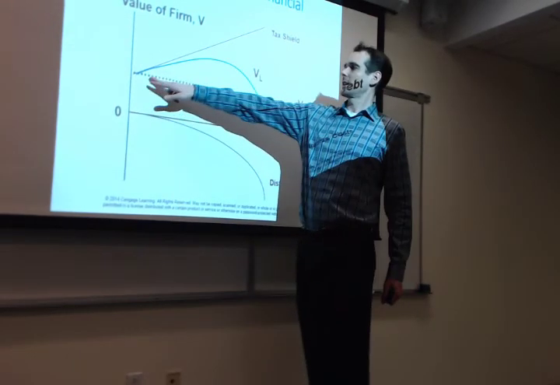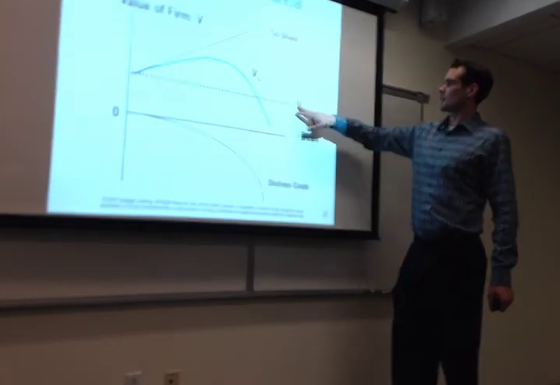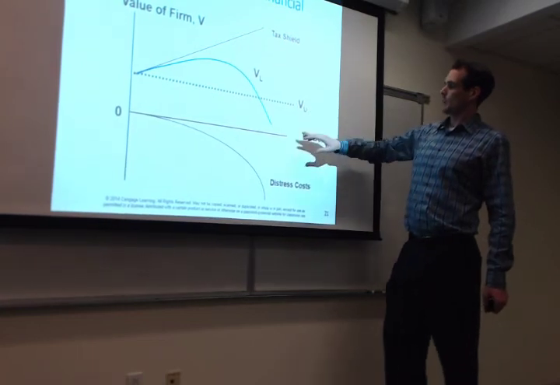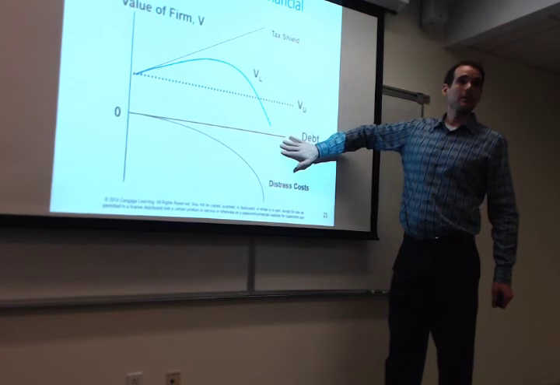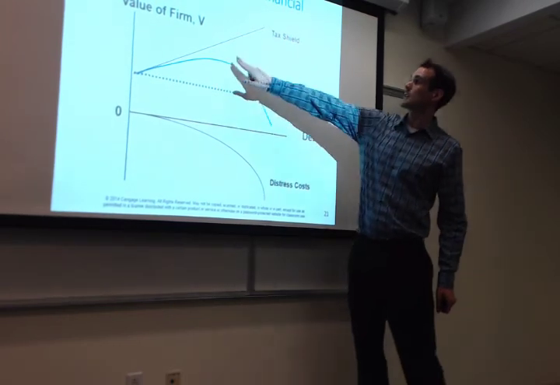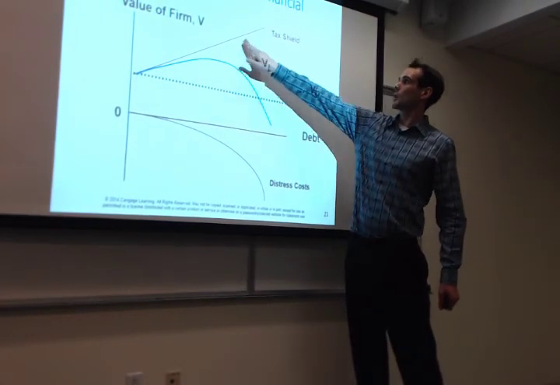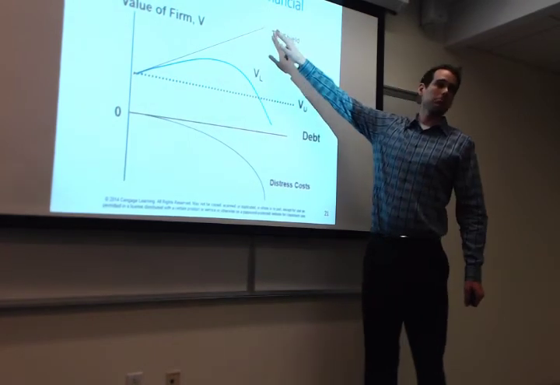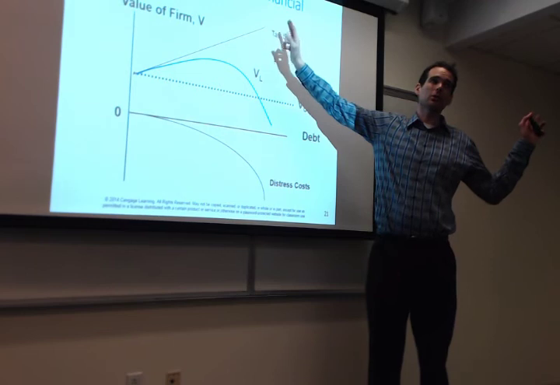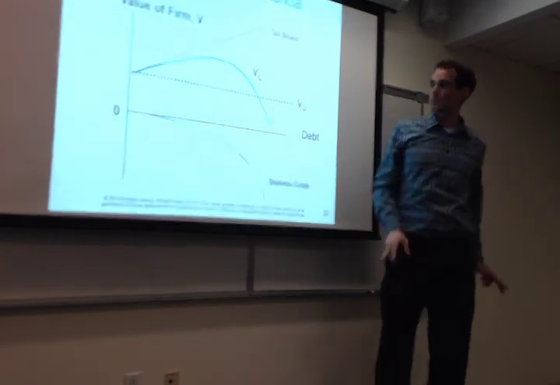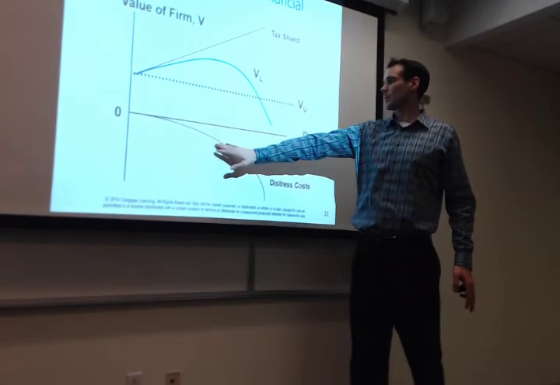And I like this graph, which told us this is the value of the unlevered firm. As debt increases, the unlevered firm stays the same. As debt increases, the tax shield for a levered firm increases. It just gets higher and higher, better and better, because the more debt you have, the more tax shield you have. Problem is the risk of bankruptcy.